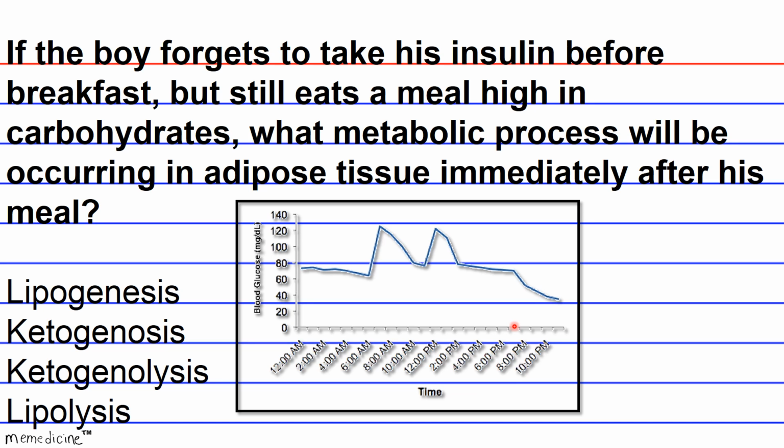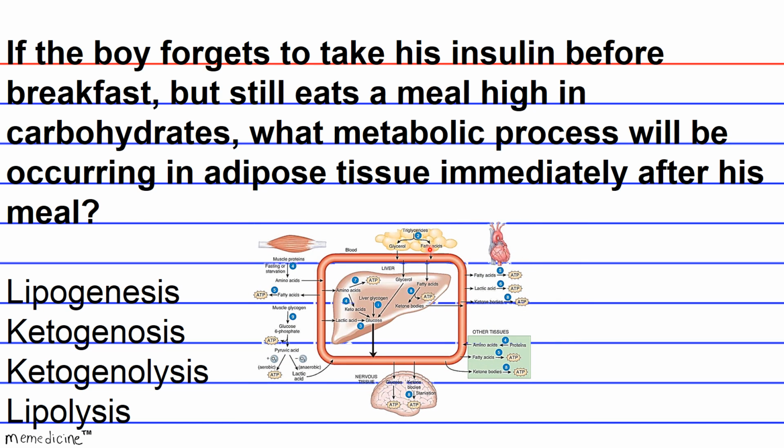Okay, so the funky thing is that if the boy forgets to take his insulin, even after he eats, I'm pretty sure he eats right here around lunchtime, his body will remain in the fasting or post-absorptive state despite having increased blood sugar levels, okay? And during the fasting state, glucagon is the primary hormone that's going to be driving metabolic reactions, and specifically in adipose tissue, fat cells, glucagon promotes lipolysis, the breakdown of fat, okay?